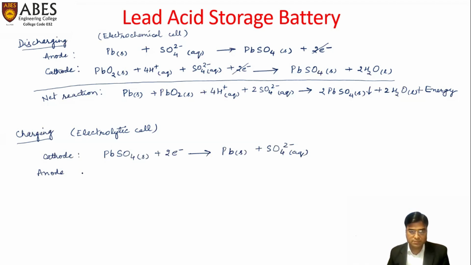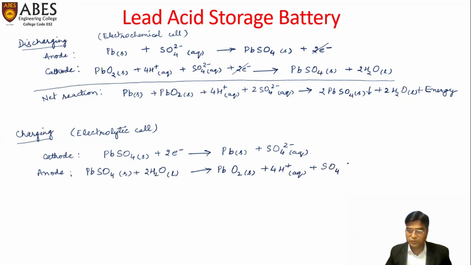So it becomes PbSO4, it converts to PbO2 solid and SO4 2 negative.